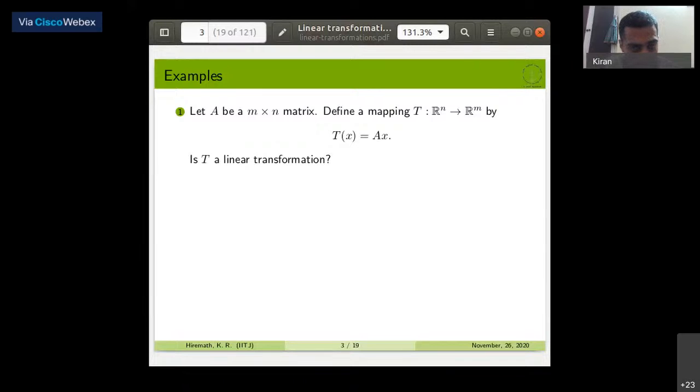So is the converse of this statement true? Yes. So every matrix represents a linear transformation.